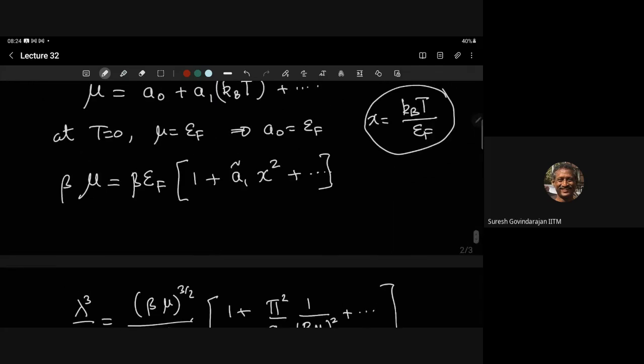I just want to do one more thing. What is 1 by beta mu? 1 by beta mu is 1 by beta. And what is beta epsilon F? This implies that beta epsilon F is 1 by x, right?